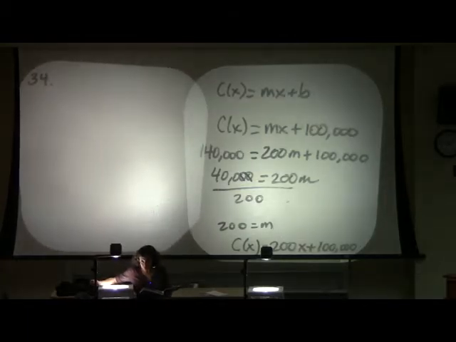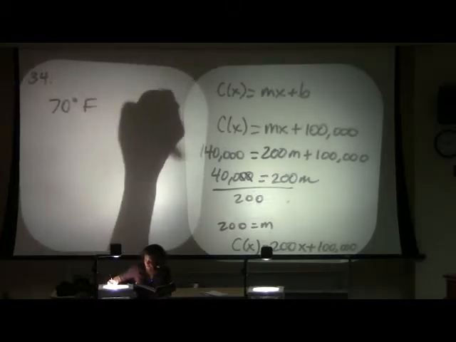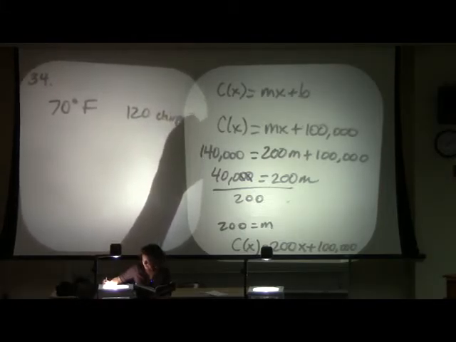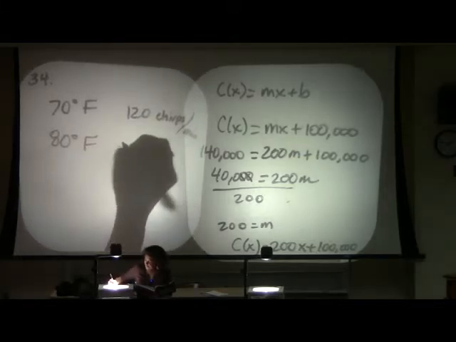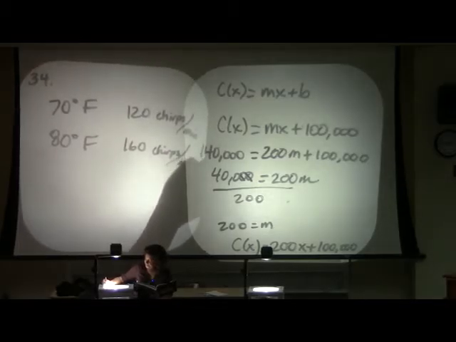Isn't that cool? So cool. It says when the temperature is 70 degrees Fahrenheit, they do 120 chirps per minute. And they also tell us when it's 80 degrees Fahrenheit, they do 160 chirps per minute.